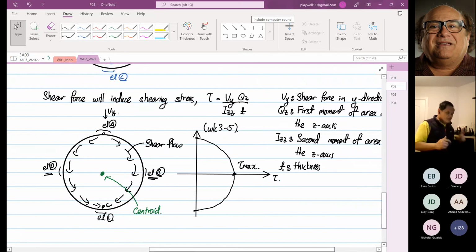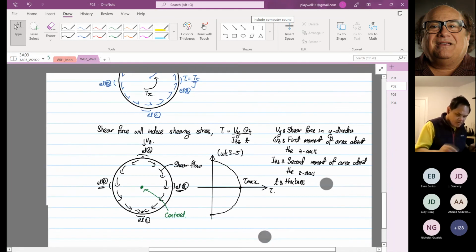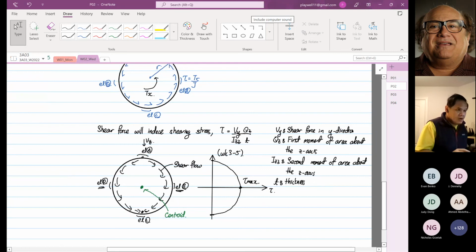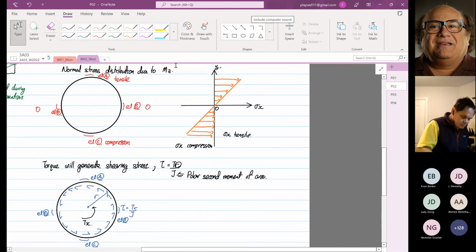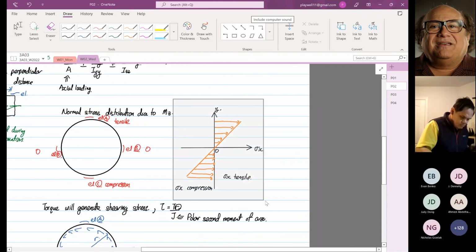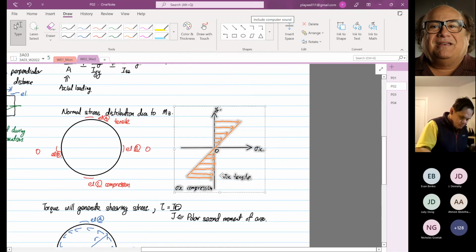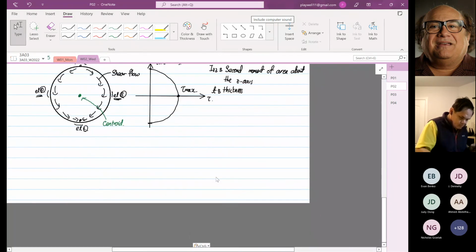One thing that is interesting in this, I'll be done in less than 1 minute. I want you to look at the distribution of the normal stress and shearing stress. I will copy this and paste it down here.